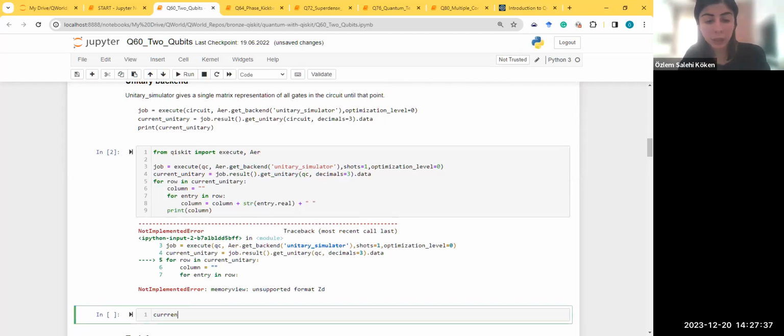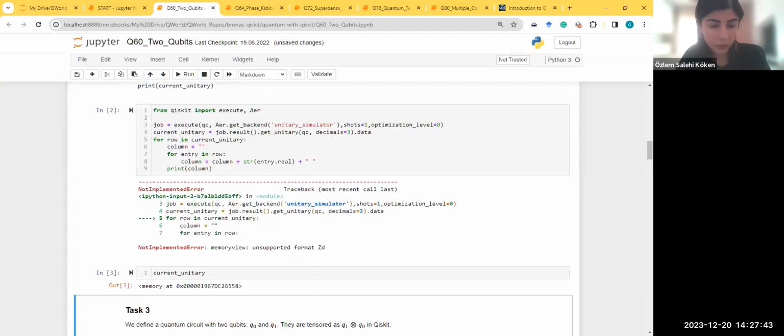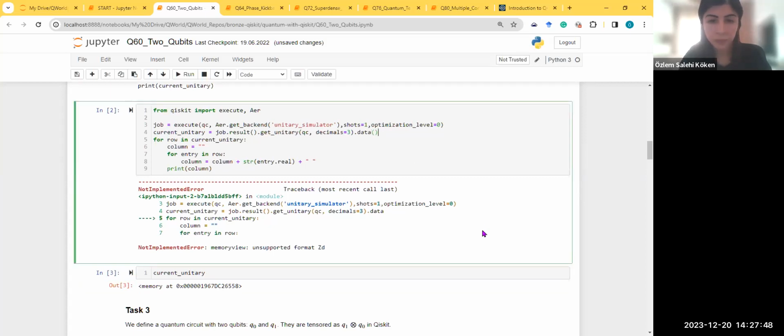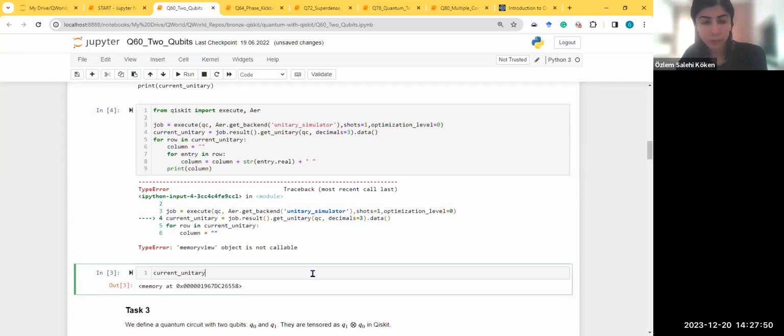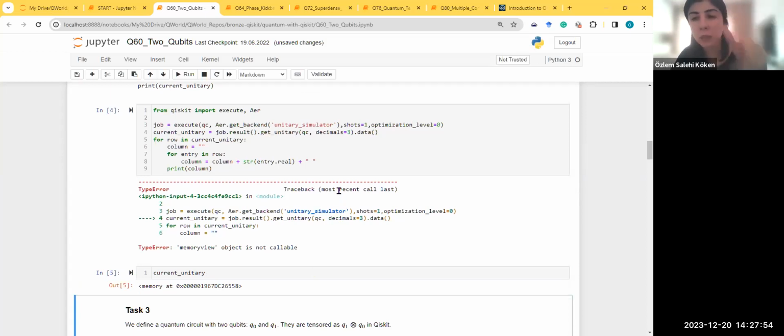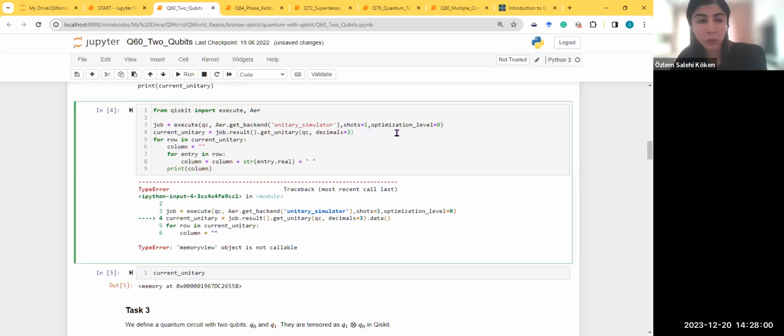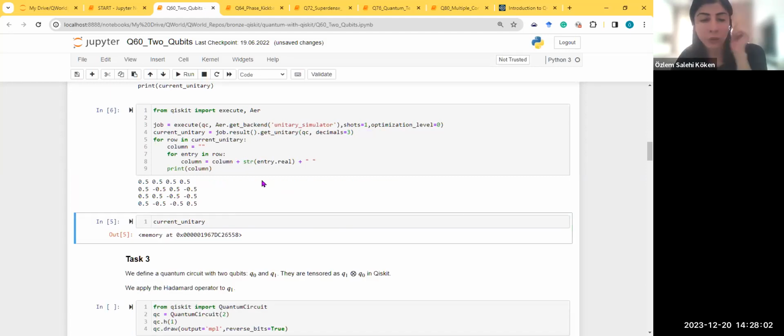Probably my Qiskit version is old. Okay, I'm not sure right now, but I think it's related to my Qiskit version. This might not be working anymore. Yes, okay, I should use data.